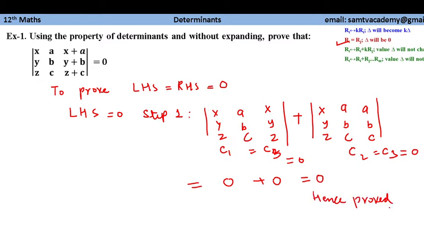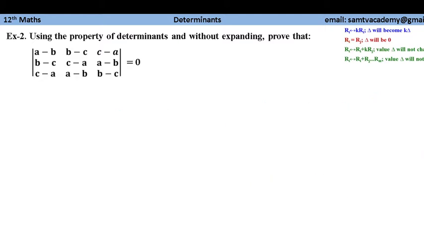Now let's go to the next question. In this question we will use a property: we are adding all the rows.